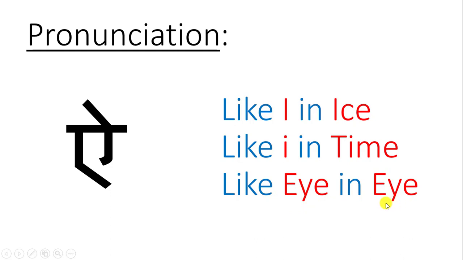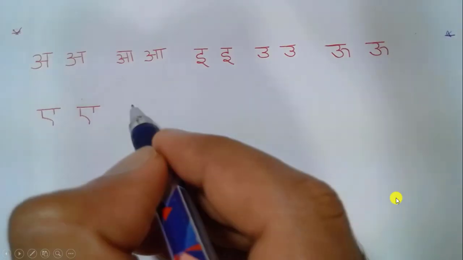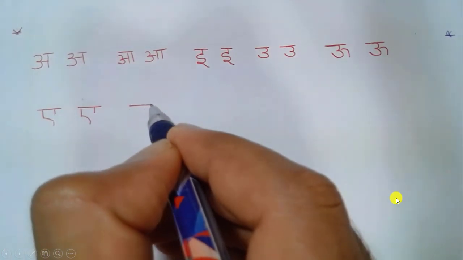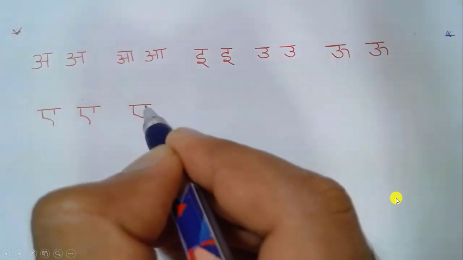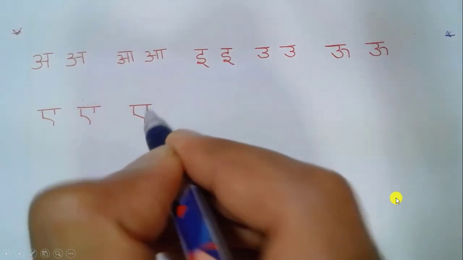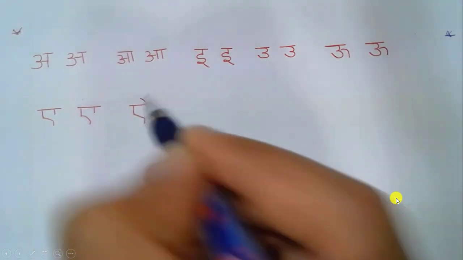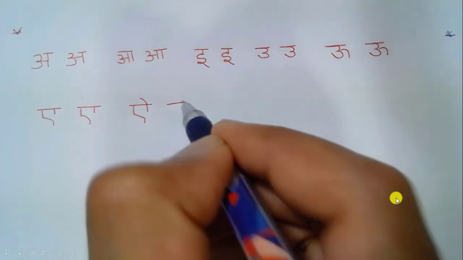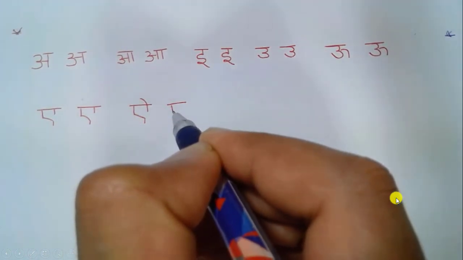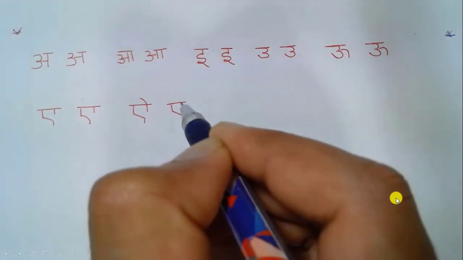Okay, the I. All right. Let us see how to write it. You write the previous vowel and add a small attachment to it. This is the previous letter, and now a small attachment, like this.